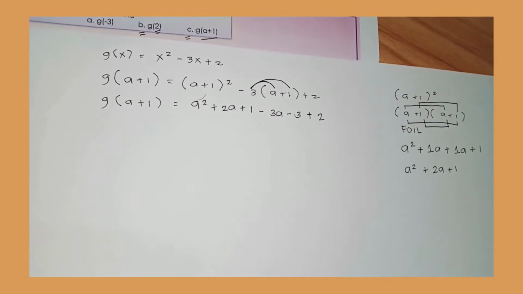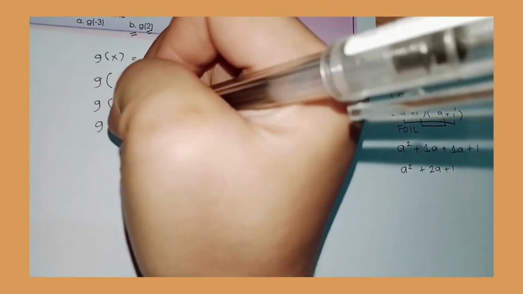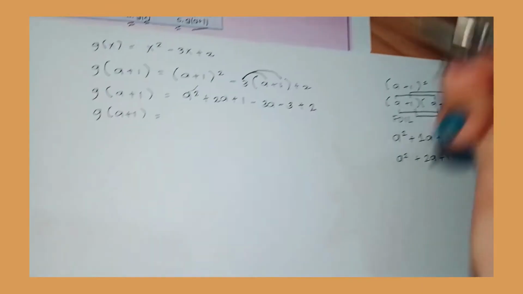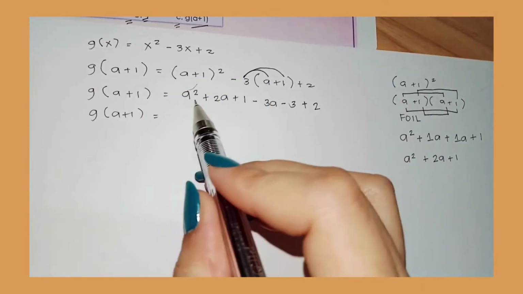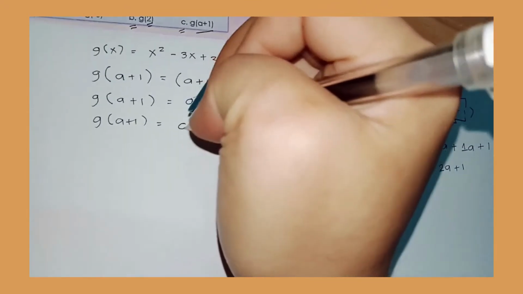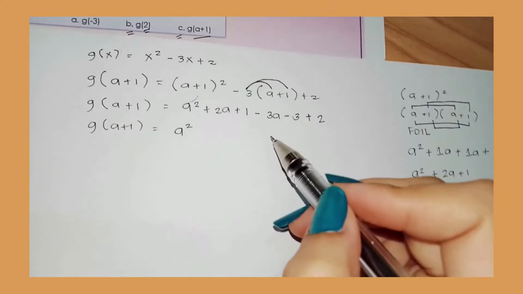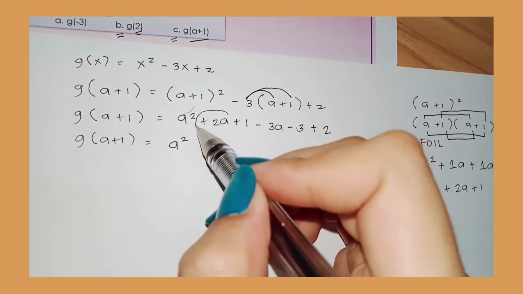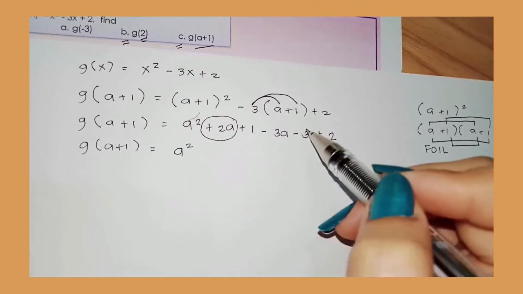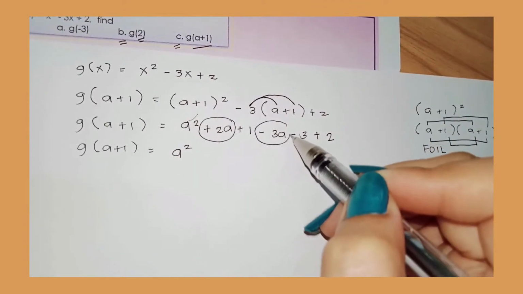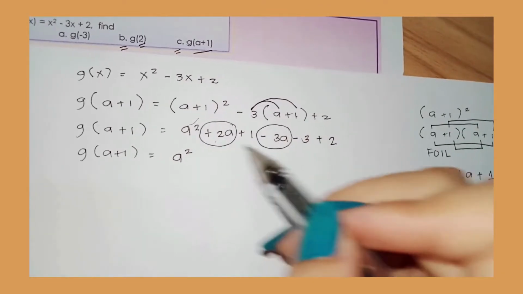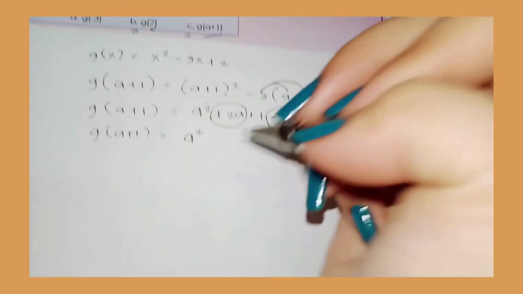Next thing to do, we need to simplify. So, pagsamahin natin yung magkakatulad. G of A plus 1 is equal to, wala nang katulad yung A squared, mag-isa lang siya. So, copy A squared. Then, yung A natin, meron tayong positive 2A. Meron din tayong negative 3A. 2 minus 3, the answer is negative 1.